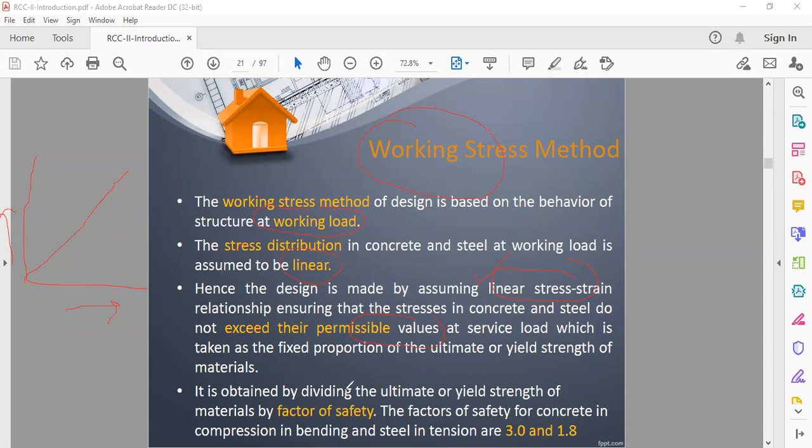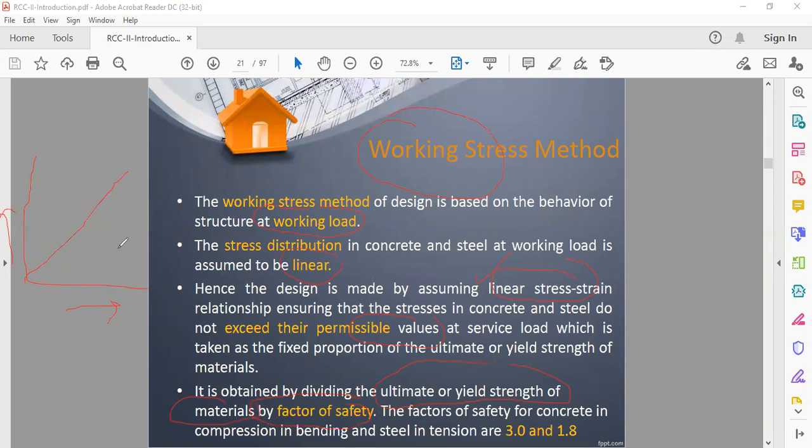So here comes a factor of safety, which can be obtained by dividing the ultimate or yield strength of the material. You have seen in strength of materials that ultimate strength is different and yield strength is different for the material.